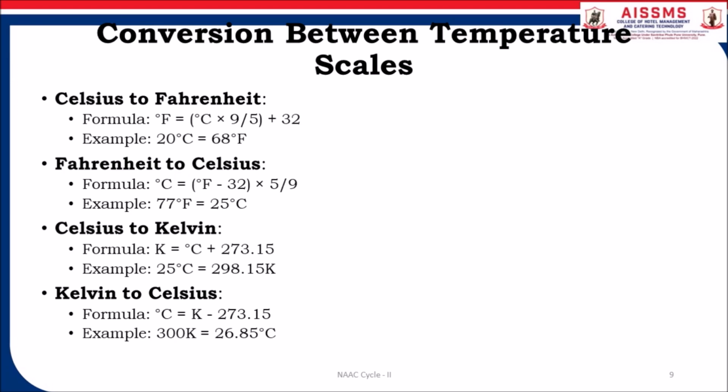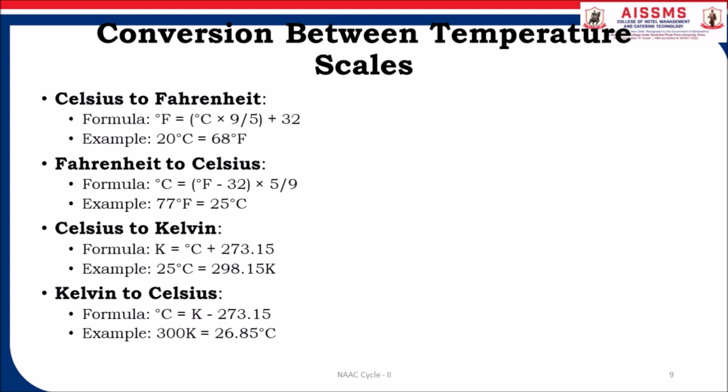Specifically, the Kelvin scale 0 point and the Celsius scale 0 point. The Kelvin scale starts at absolute zero, where molecular motion ceases entirely. To align the Kelvin scale with the Celsius scale, 273.15 is added to the Celsius temperature.